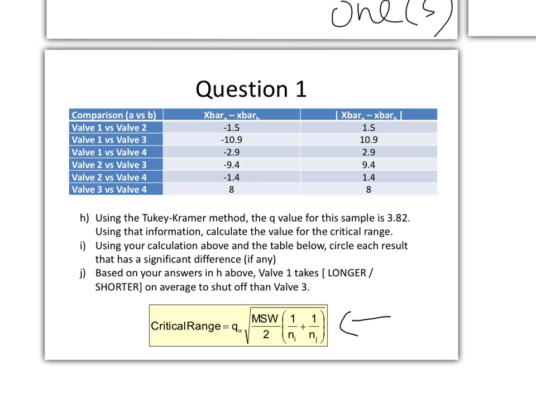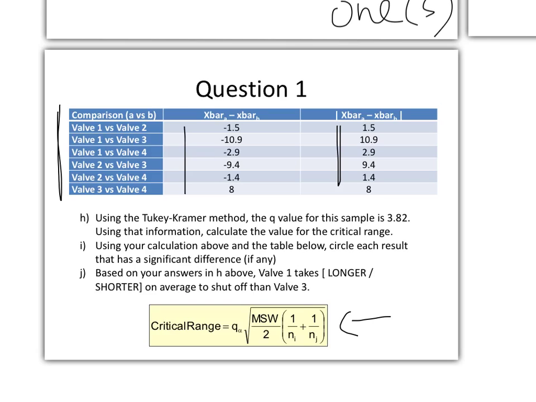We've got each set of comparisons, valve 1 versus valve 2, valve 1 versus valve 3, and so on, and the difference between each of x bar 1 minus x bar 2, and that's shown here. In some cases we got a negative value, in some cases a positive value. And then we take the absolute value over here, which basically just eliminates any negatives, and we're comparing all positive values in that column, in the second column.